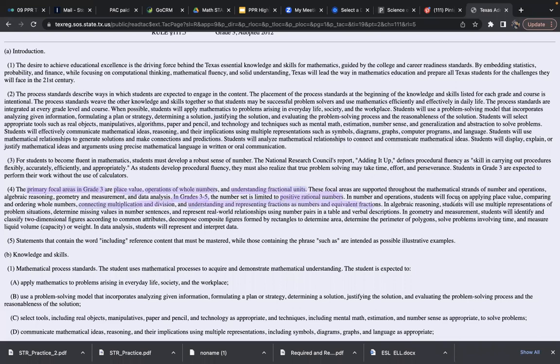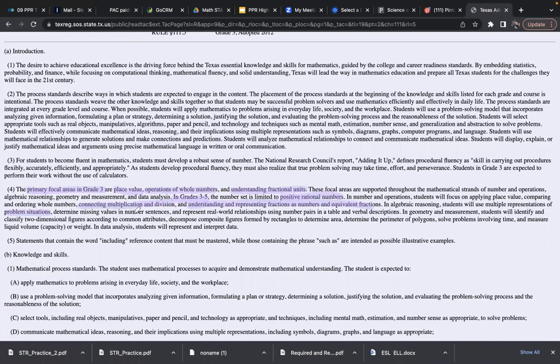In algebraic reasoning, the student will use multiple representations of problem situations, multiple representations of the same problem. So like the word problem, write it out as an equation, or write out the word in the different ways you can represent the problem and the solution.